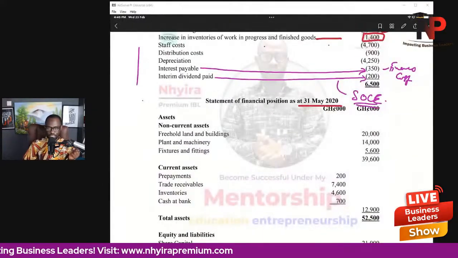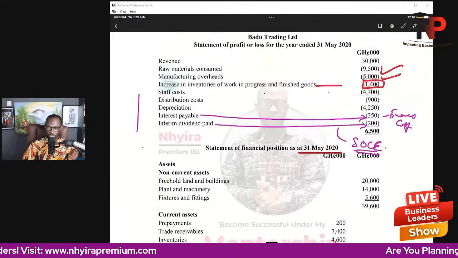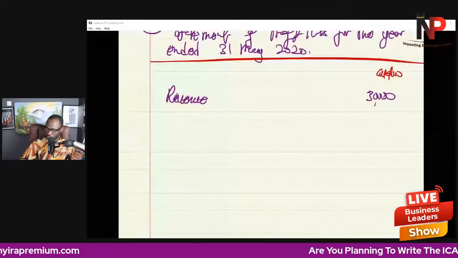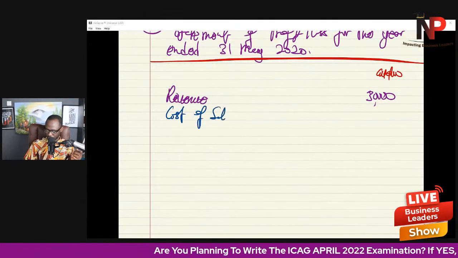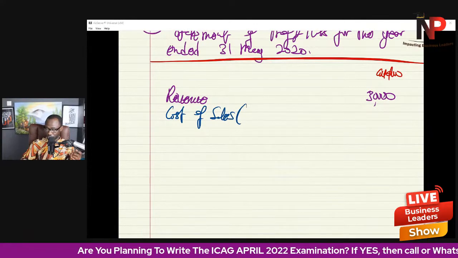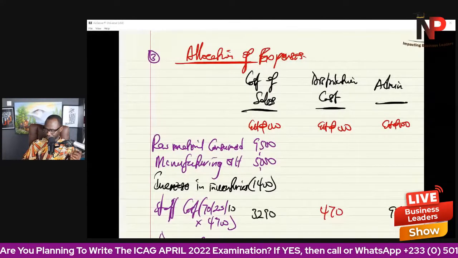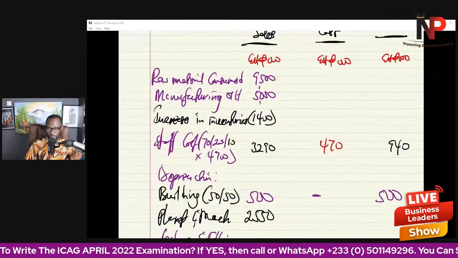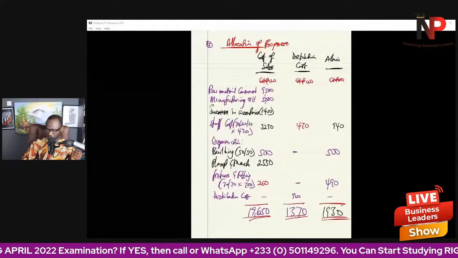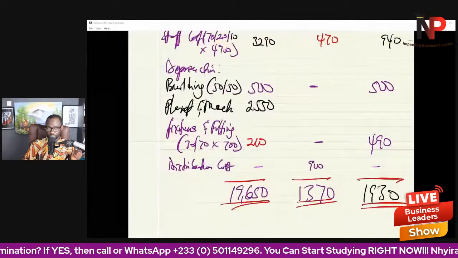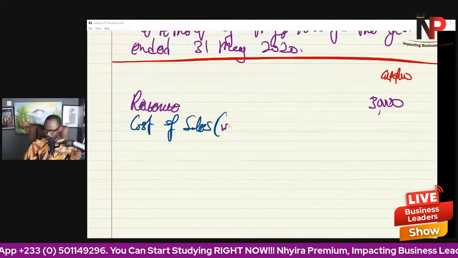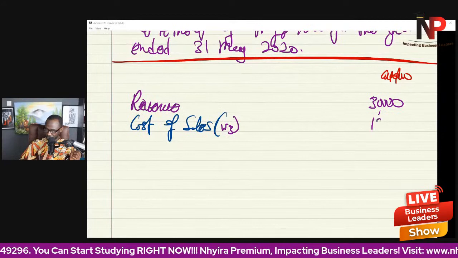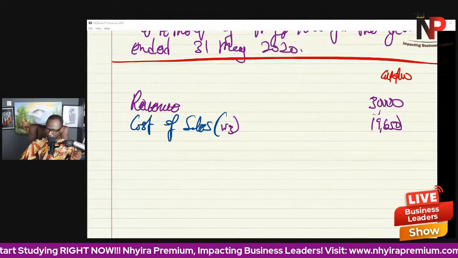Now the next item is to less cost of sales, which we've already done workings for. So cost of sales will be picked from our workings 3 here. And if you look at cost of sales, our total figure there is $19,650.